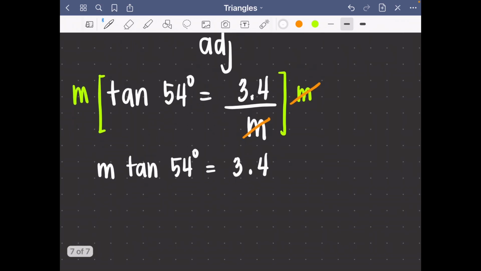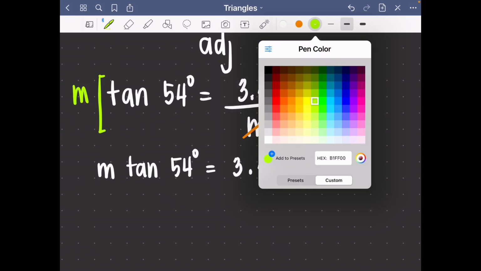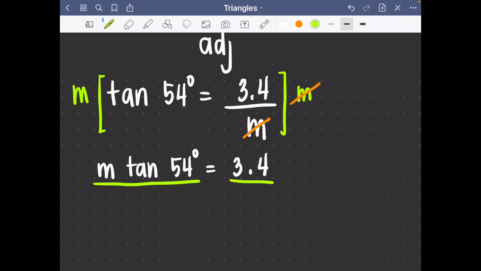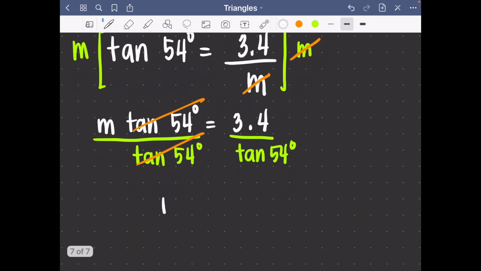Then how will you solve for M? Here we divide both sides by tangent 54 degrees. So that tangent 54 degrees will be cancelled. So our working equation now will become M equals 3.4 over tangent 54 degrees.